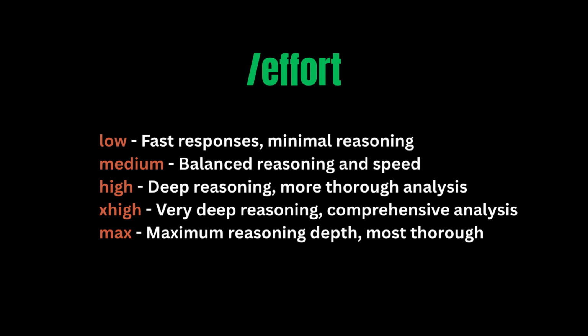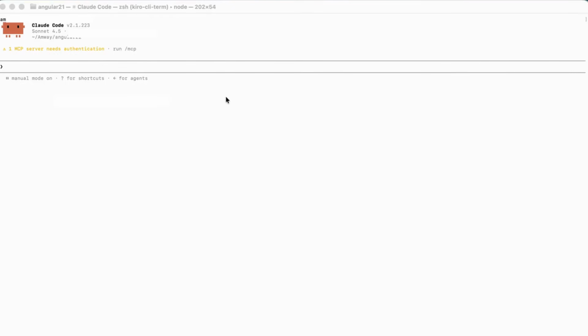Then comes X high for very deep reasoning and very comprehensive analysis, and max, which will take a lot of tokens. You should use this when you are totally new to any technology and you do not know anything about that code. You just want that task to be done at any cost. In that case, you should use max so that maximum reasoning in depth will be followed by Claude Code.